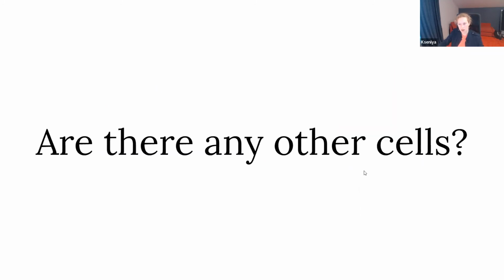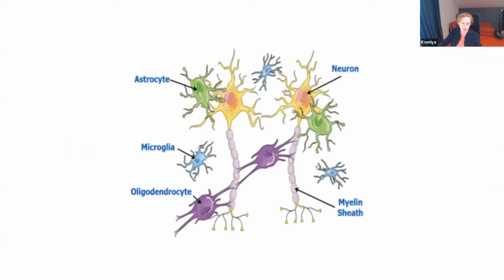And are there any other cells in the brain? Yes, there is the supporting tissue. There are some different cells, such as astrocytes, microglia, myelin shell, oligodendrocytes, and so on.